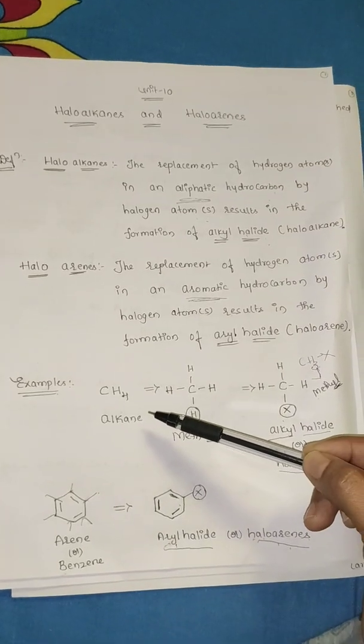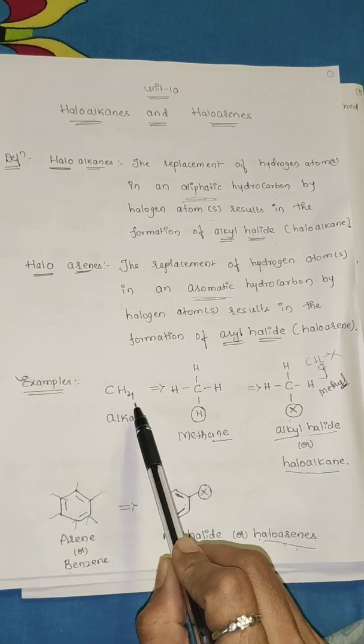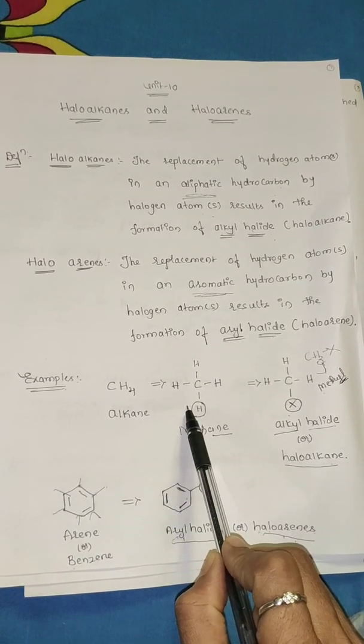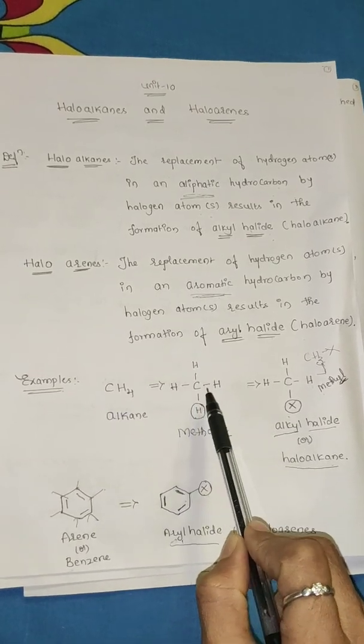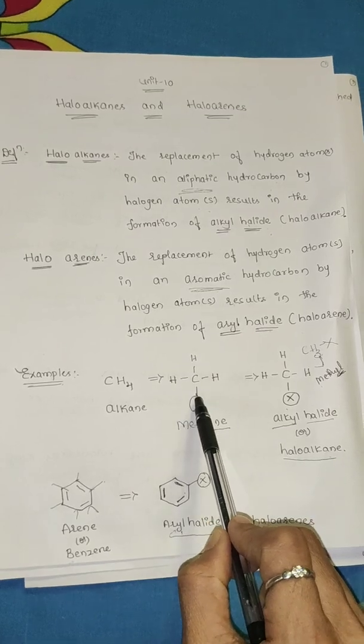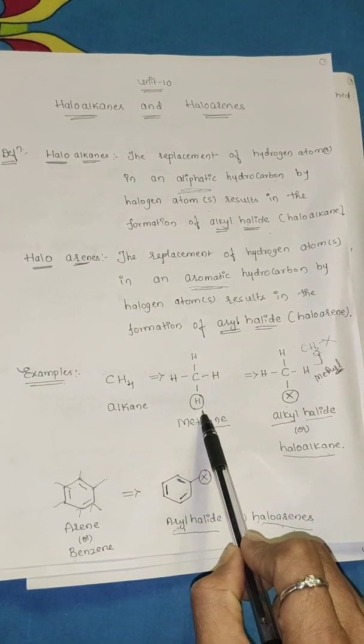You can observe an example here. This is called an alkane, one of the aliphatic systems. This is the structure of an alkane, that is methane. Carbon has the property of tetravalency, so it has four valencies, and each valency is satisfied by a hydrogen atom.